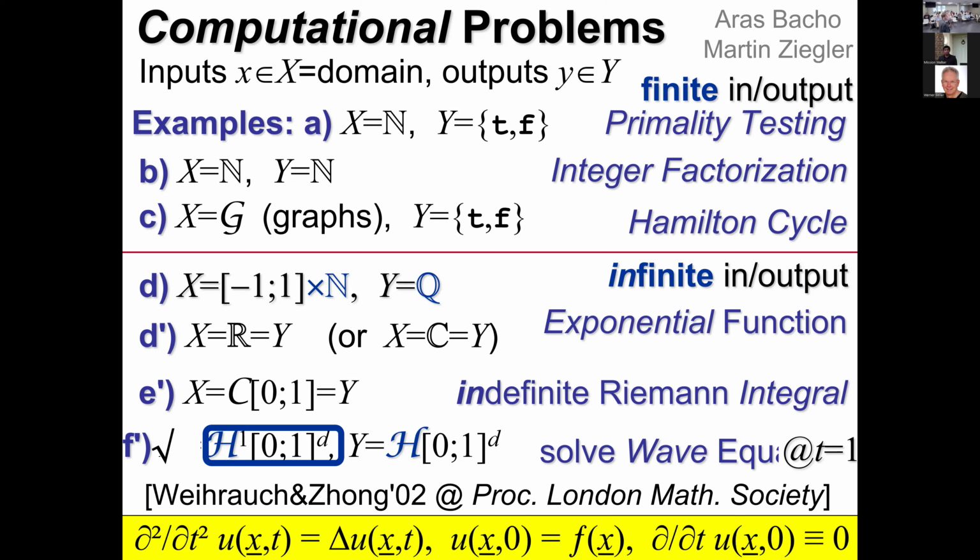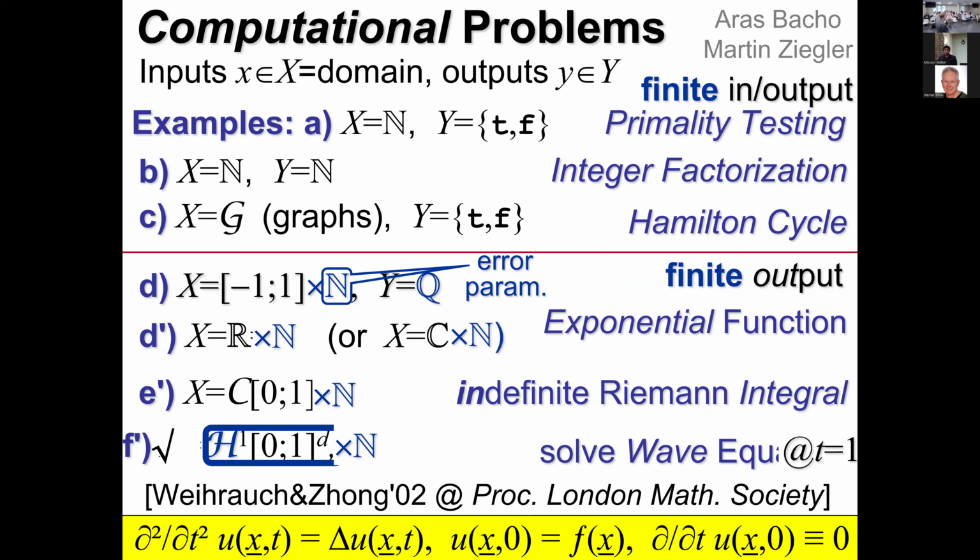So the goal is to approximate the solution or the exponential function up to some error parameter, which is an integer. And in this case, the output is finite, and we talk about terminating algorithms, not type 2 machines. So finite output, and same for all the other types of problems.